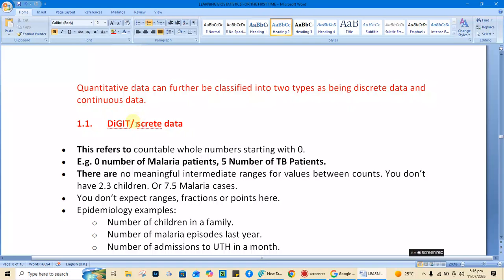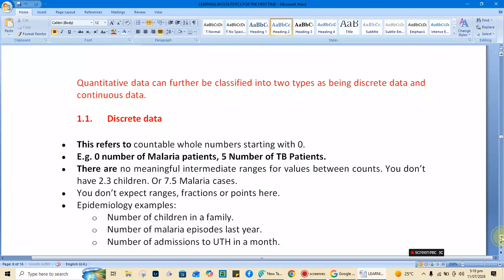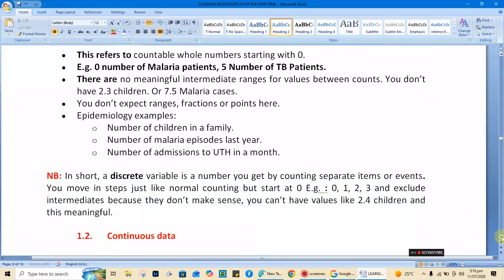Think of digit and discrete as one thing: numbers that are used for counting starting from 0. This is data you use when you're looking at the number of, maybe, patients. You can't say I have recorded 16.8 patients. There is nothing like that. You can't say 7.5 children, 2.3 cases of malaria.